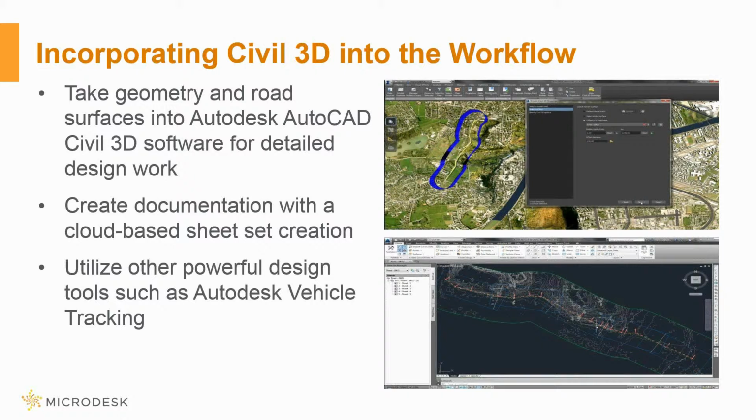You can also document and share roadway design geometry by using the cloud-based Sheetset service. So it will actually go through and create your existing surfaces, road surfaces, alignments, and profiles in a sheet within Sheetset Manager for you to use in Civil 3D. Okay, and then one more thing is you can utilize the powerful design tools such as Autodesk Vehicle Tracking that correlates with the intersection design in InfraWorks.